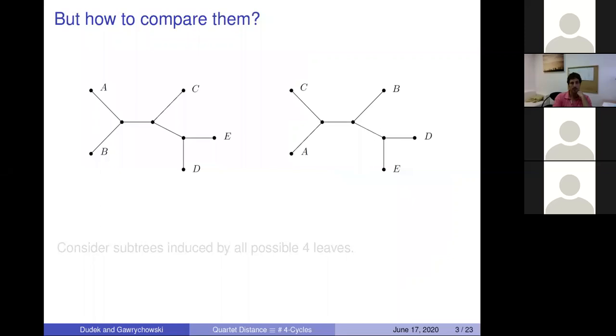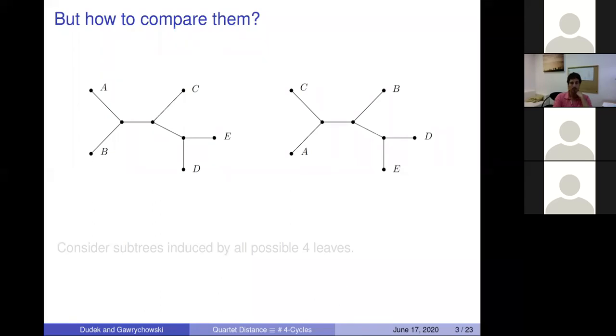Now, I don't have this on the slide, but if the trees are rooted, there is a very basic notion of similarity called triplet distance. In triplet distance, you consider triples of leaves. Recall that you have the same leaves, the same species in both trees. So you choose 3 species and you check what's the shape that they induce in both trees.